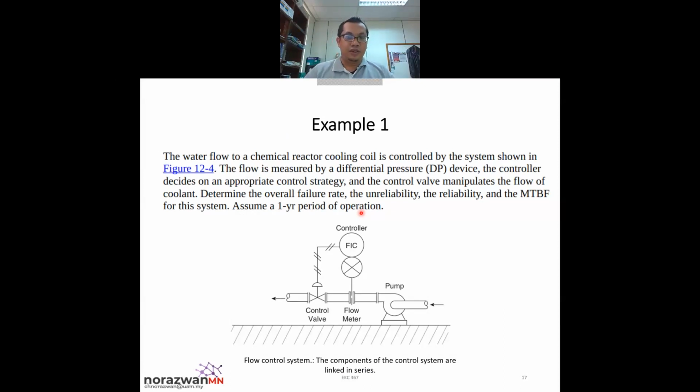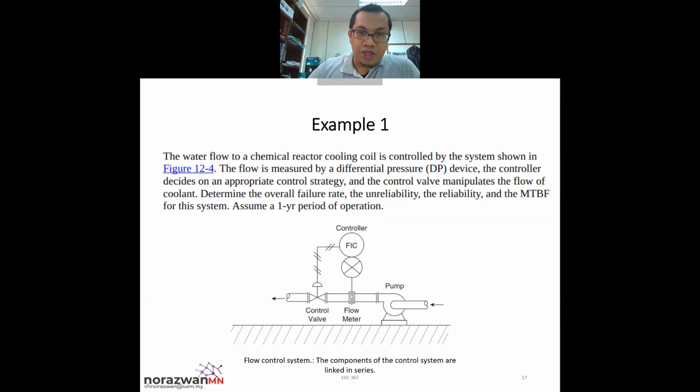The water flow to a chemical reactor cooling coil is controlled by a control system, the controller. As in figure 12.4, this is a flow control system.